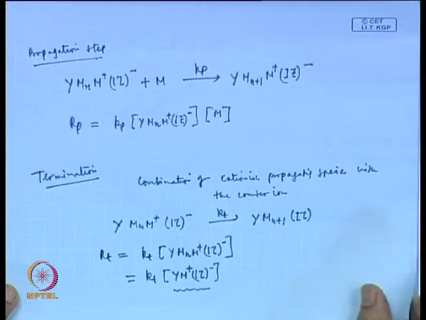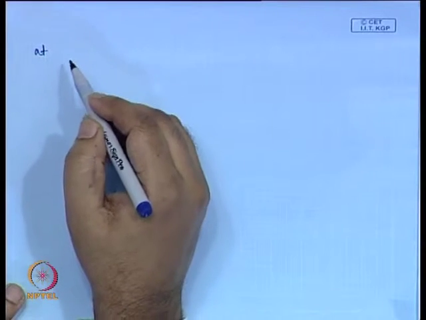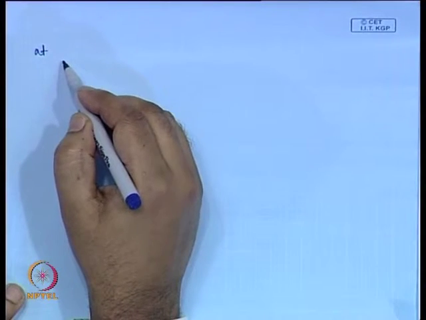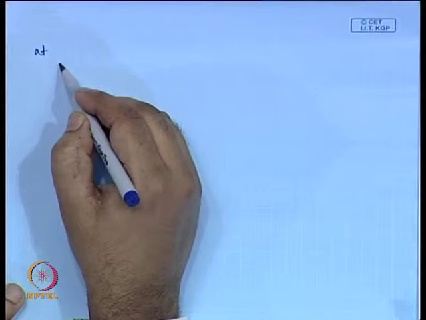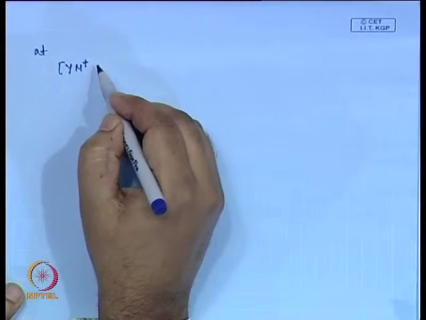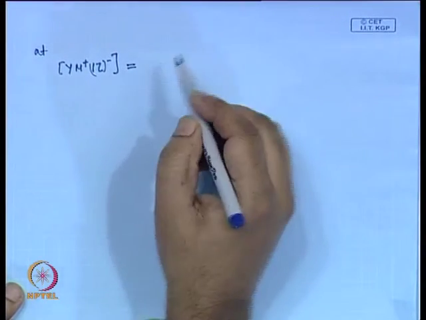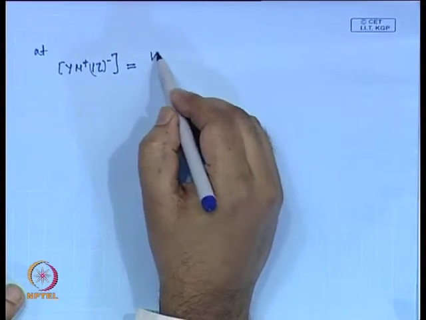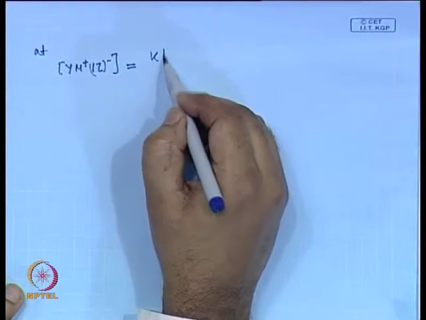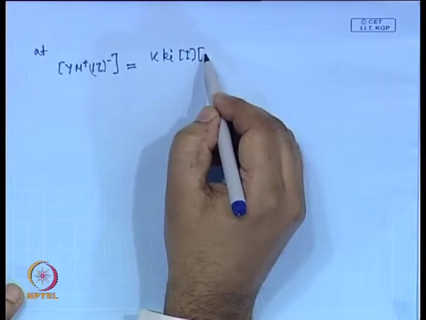Now, at steady state we can equate Ri and Rt to get the concentration of M+.